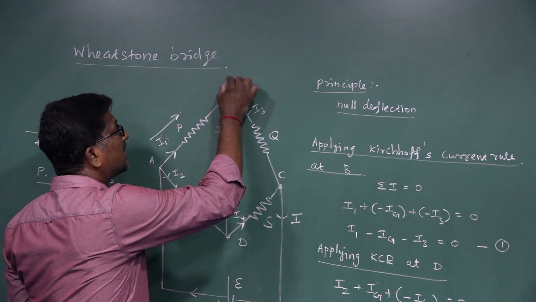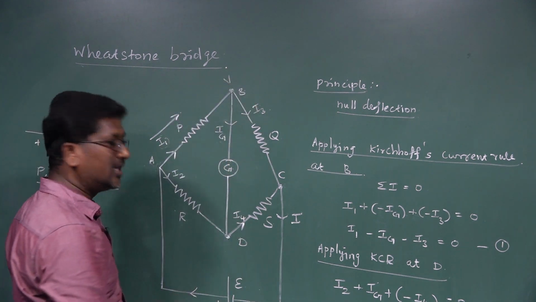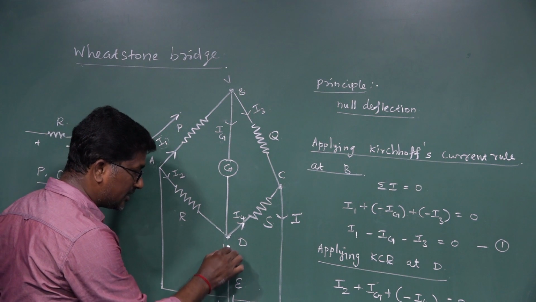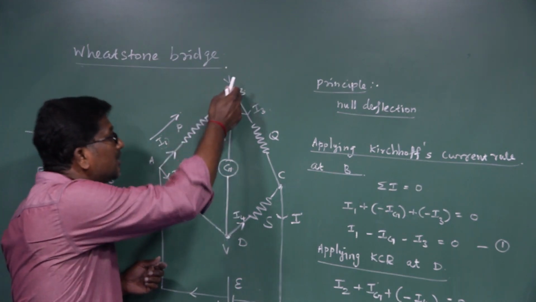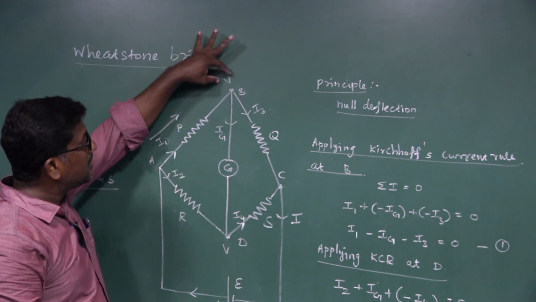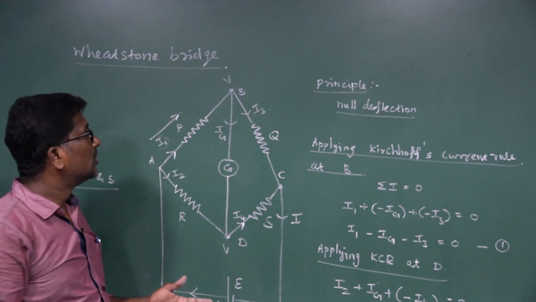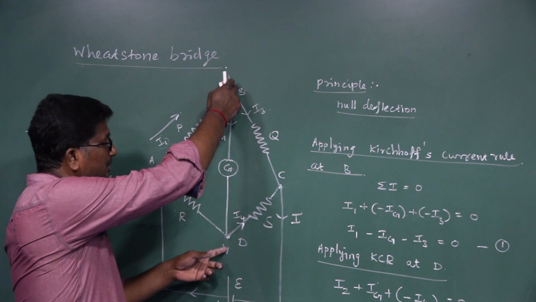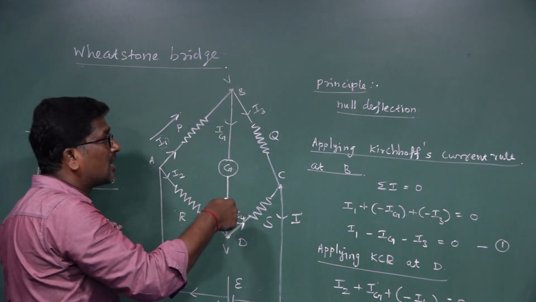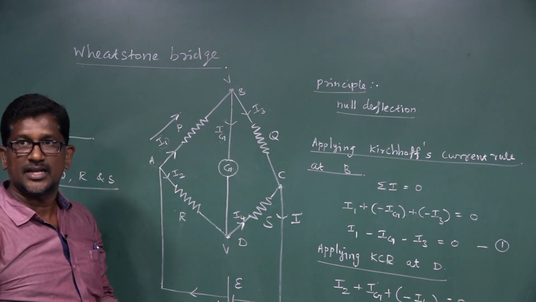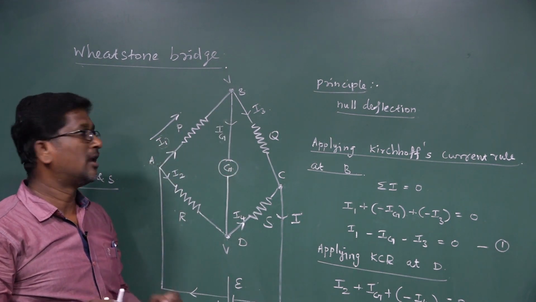Suppose the electric potential at point B is V and the electric potential at point D is also V. What is the potential difference between the points B and D? V minus V, 0.